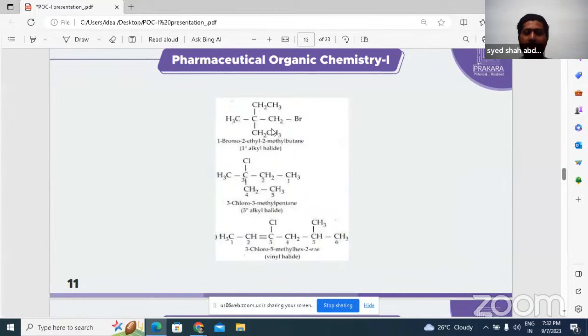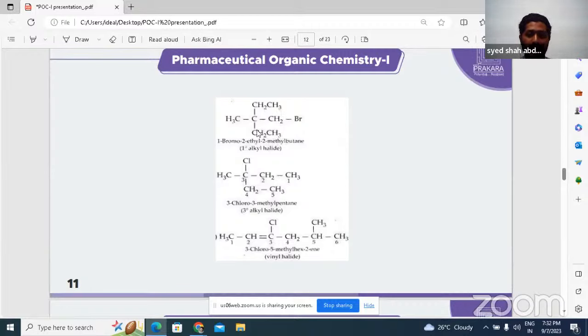A little more branching is there. Here you can see that instead of methyl, we are having ethyl on the second carbon, and the carbon chain would go a little differently. How is it? Here we take 1, 2, 3, 4.